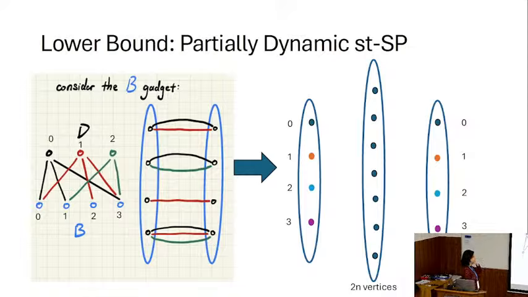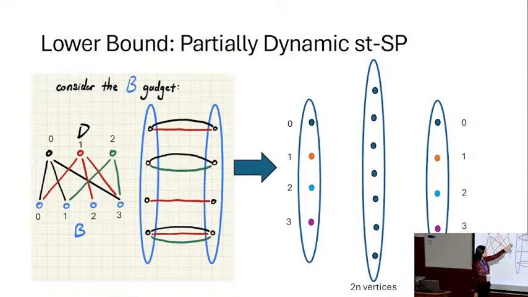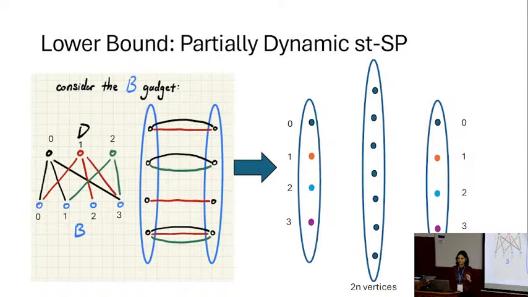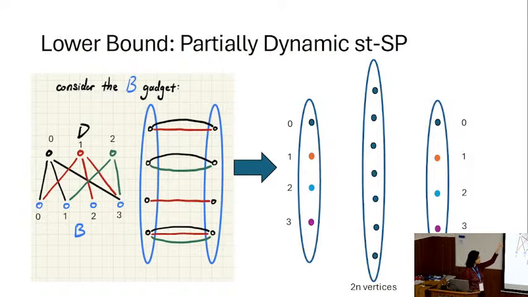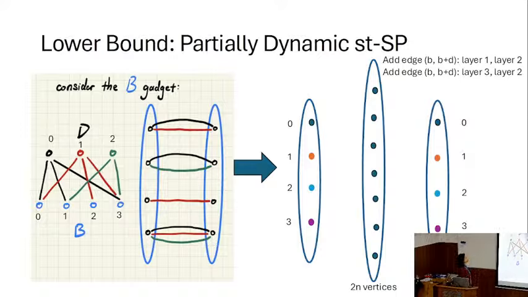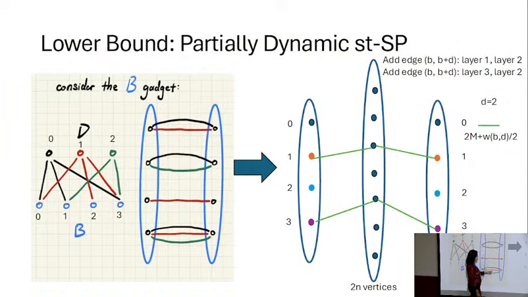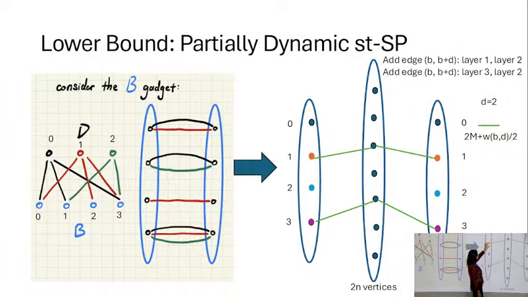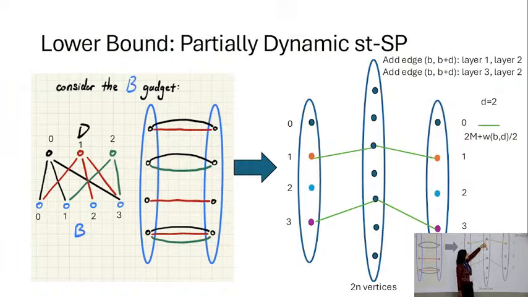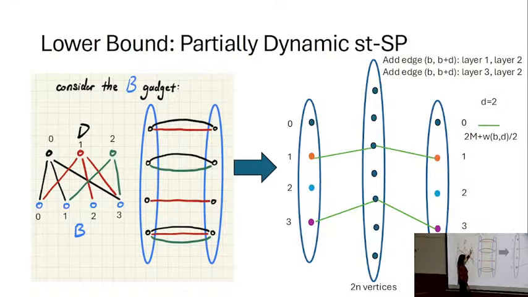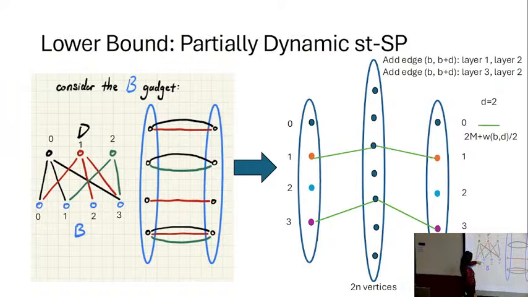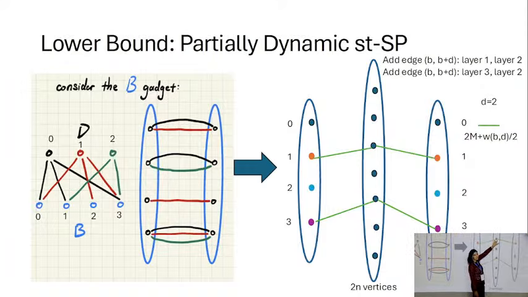So now we are going to change that. How do we change it? We add a middle layer of 2n vertices. We had 2 layers for B, and now we are adding another additional layer with 2n vertices. So we look at the green edges. Previously the green edges were going from 1 to 1 and 3 to 3. Now the green edges will go from 1 to 1 via this middle node, which is B plus D. B here is 1 and D here is 2, so B plus D is 3, so you look at 1, 2, 3, the third vertex.